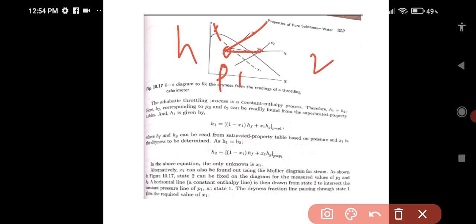So I found out the point 1, and from this point 1, this dotted line that you are seeing is the dryness fraction line. Once again I will repeat, because this is important to understand as well as to solve the numericals. You need to know how to plot it.